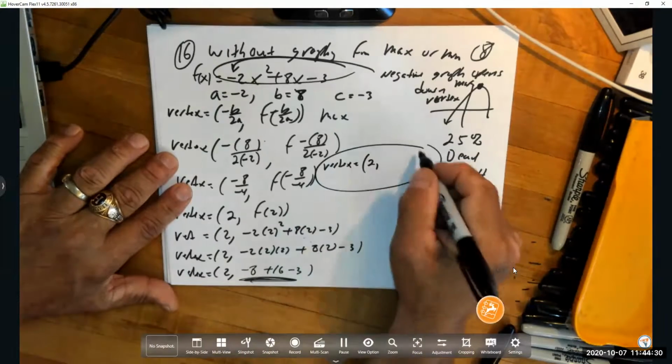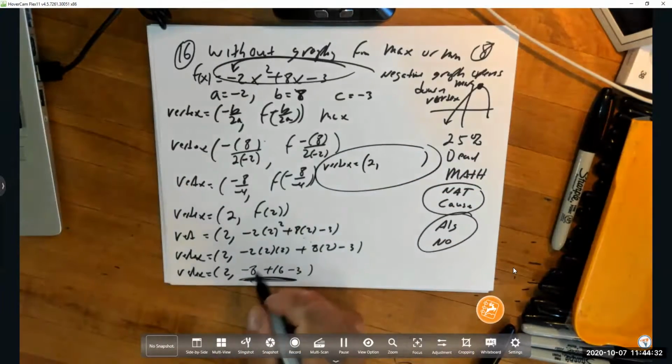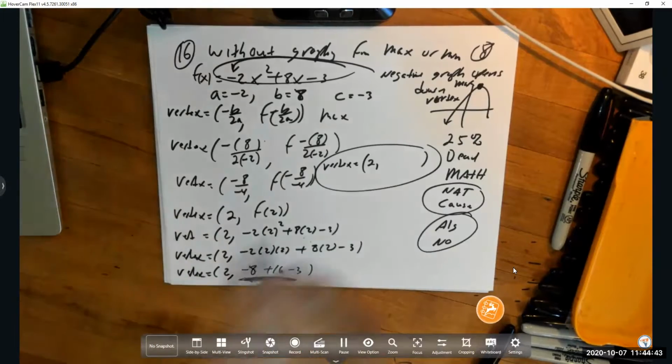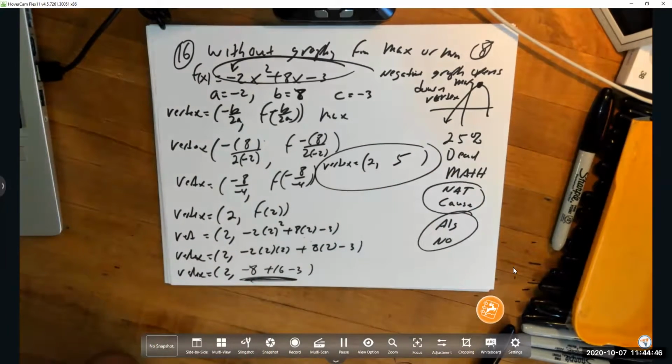What is negative 8 plus 16 minus 3? Do it in the calculator, don't do it in your head. 5. Positive 5?